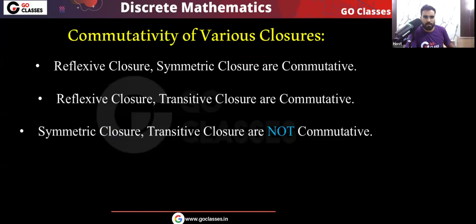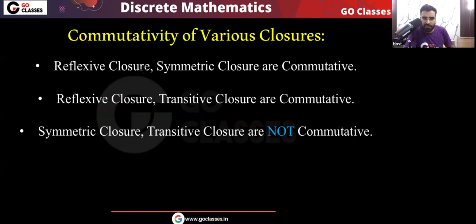So you can see that reflexive closure and symmetric closure are commutative. Very easy. Reflexive closure and transitive closure are also commutative. But remember, symmetric closure and transitive closure are not commutative. Is this clear? Very simple.